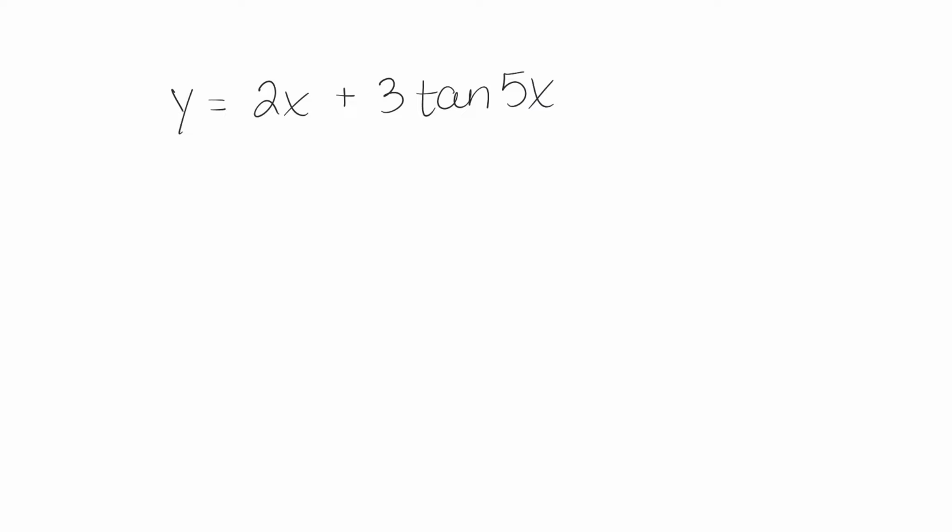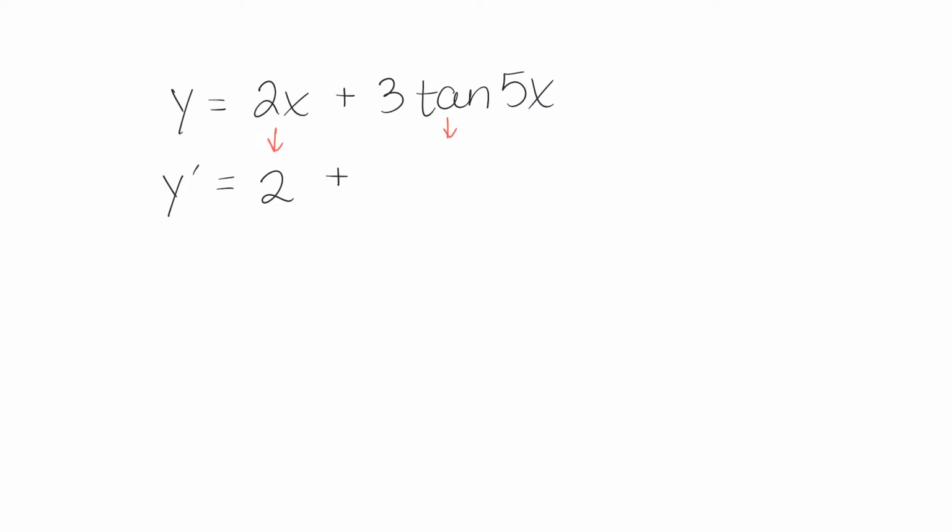If things are adding, you just find their derivatives individually. So, okay, y prime, the derivative of 2x is 2. Good, good. Some rule says you just add them together. What is the derivative of 3 times tan of 5x?